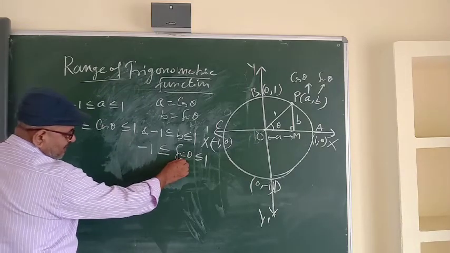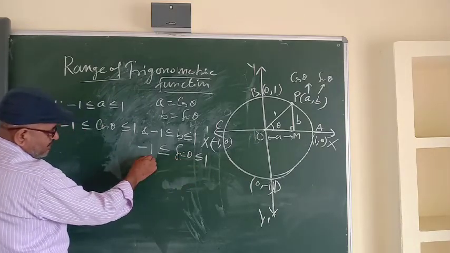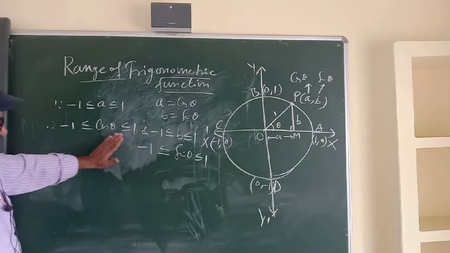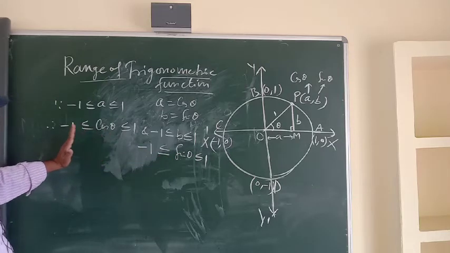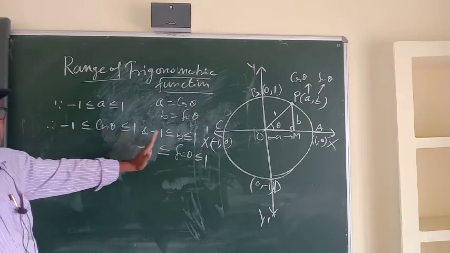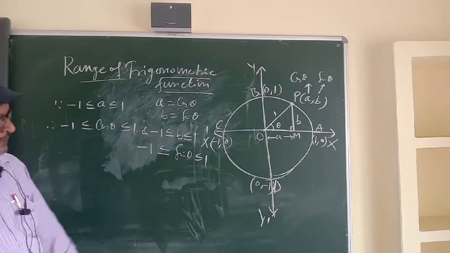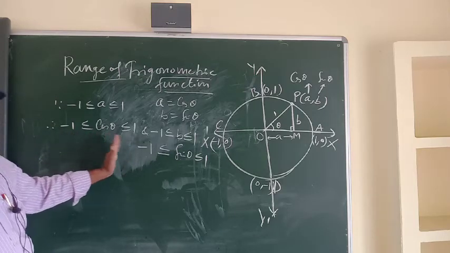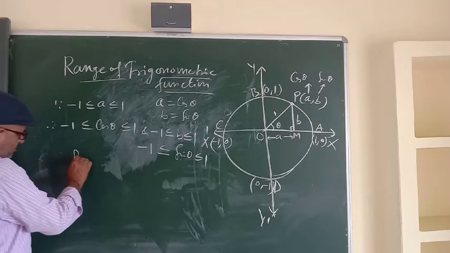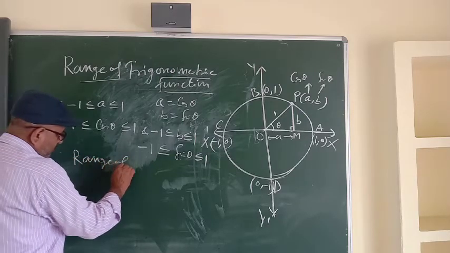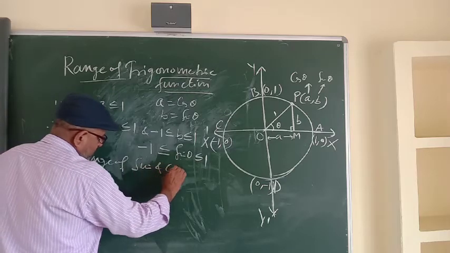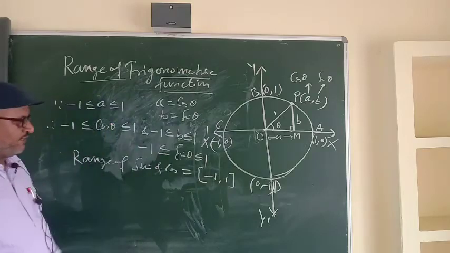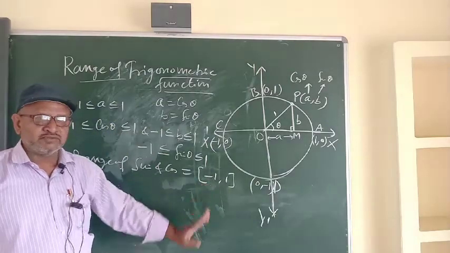So we see that maximum value of sin theta is 1, minimum value is minus 1, cos theta maximum value 1, minimum value minus 1. So value of sin theta and cos theta cannot be less than minus 1, cannot be greater than 1 for any real value of theta. So what is the range of sin theta and cos theta? Minus 1 to 1. Therefore, range of sin and cos is minus 1 to 1. It can take any value in this closed interval, minus 1 to 1.